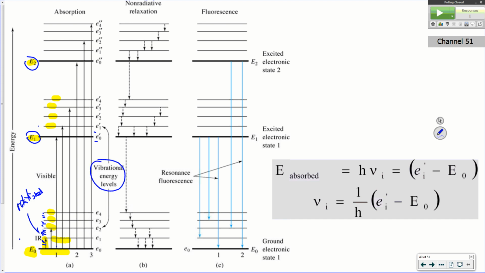And within each vibrational energy level, there are multiple rotational energy levels that can exist. We talk about the energy levels being discrete, and there being discrete transitions, but because of the embedded vibrational and rotational energy levels, it becomes a continuum for molecular species. That's the reason they're big, broad peaks.